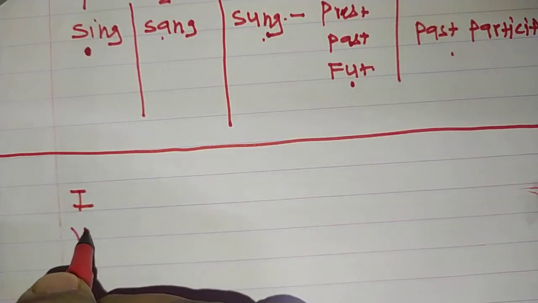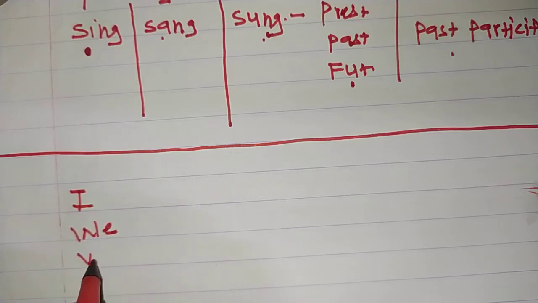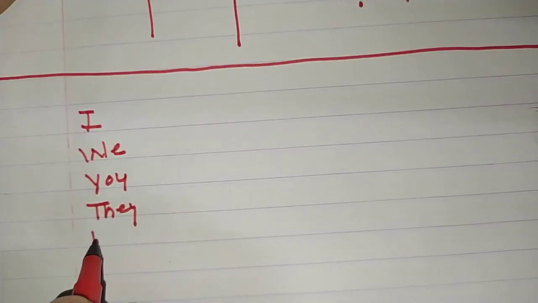Now what are the pronouns? I, we, you, they, he, she, and it. These are all pronouns, and these are also used as subjects.